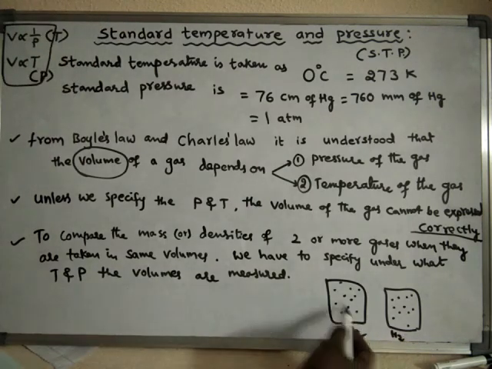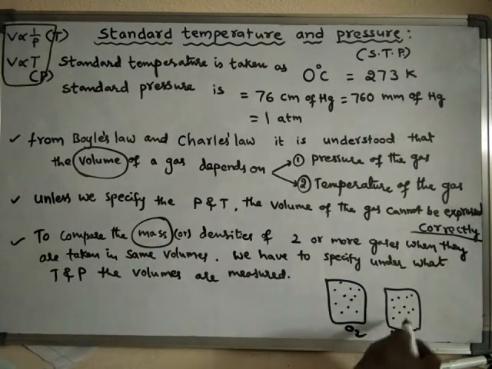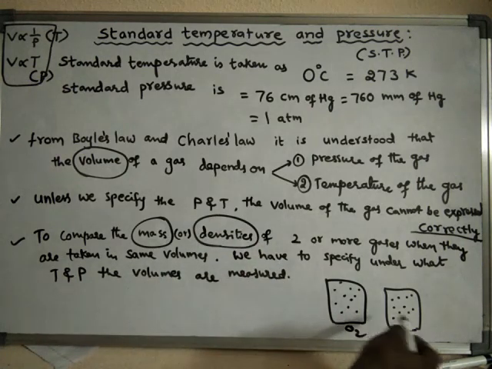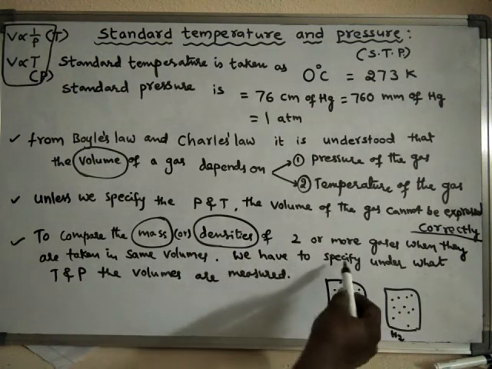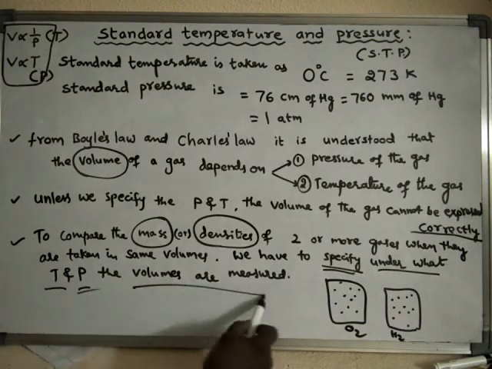Here, in order to compare the masses of oxygen and hydrogen, or the densities of oxygen and hydrogen, we have to specify under what temperature and pressure the volumes are measured.